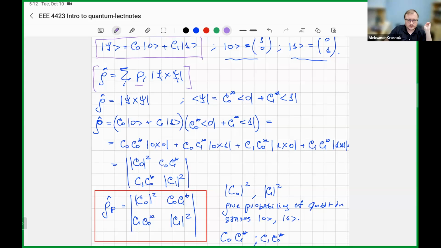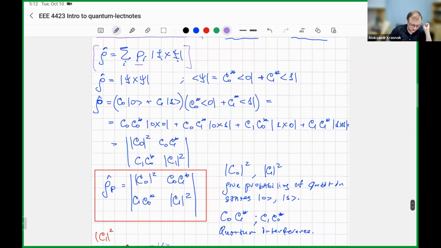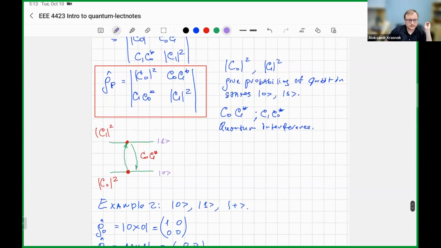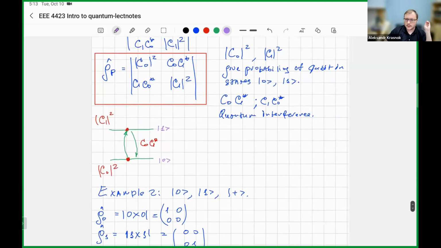In our case, we have only one qubit, so the density operator is represented in this form, which holds for any pure state. We calculated the density matrix in this form, which is given by the combinations of the C terms in the superposition.